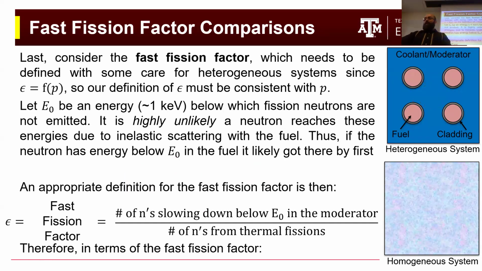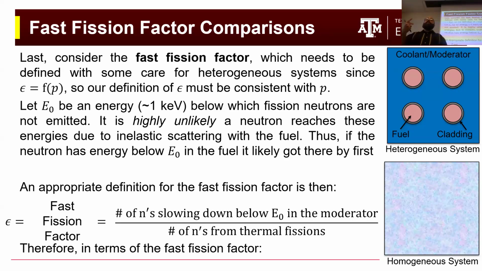And then the last one that I wanted to talk about was the fast fission factor. The way that we define the fast fission factor, we had that equation, and in that equation we had P. So if we want to define the fast fission factor, the definition has to be consistent with our definition of the resonance escape probability. So we are going to redefine the fast fission factor for a heterogeneous system.